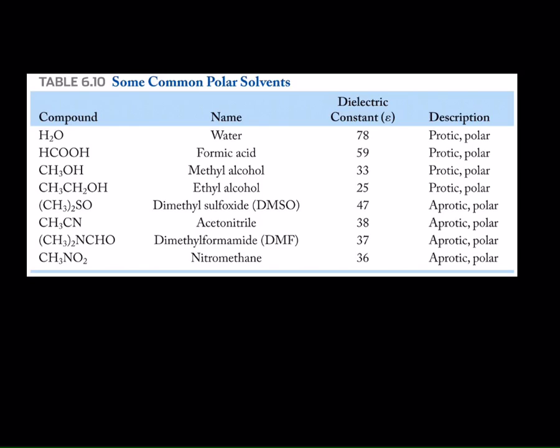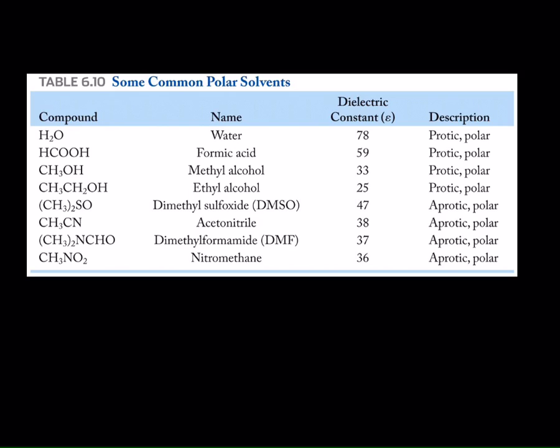And if you look here at table 6.10, you see some various polar solvents. So water is a polar solvent, formic acid, methanol, ethanol, very polar solvents. Then we get into solvents like dimethyl sulfoxide, which we abbreviate DMSO, acetonitrile, DMF, nitromethane.